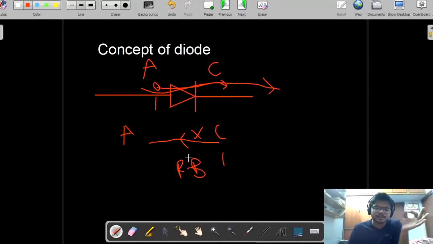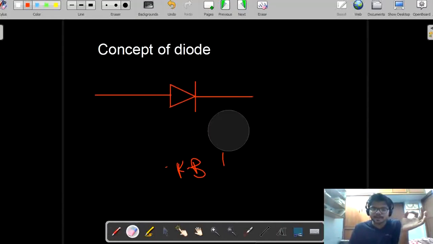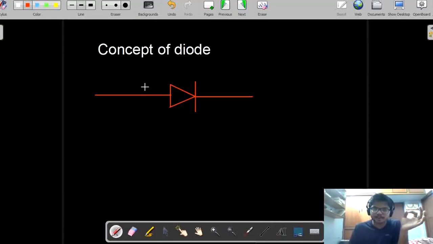So finally we need to reduce the reverse bias current and increase the forward bias current. My current will always flow from anode to cathode when I apply a high voltage to the anode compared to the cathode.